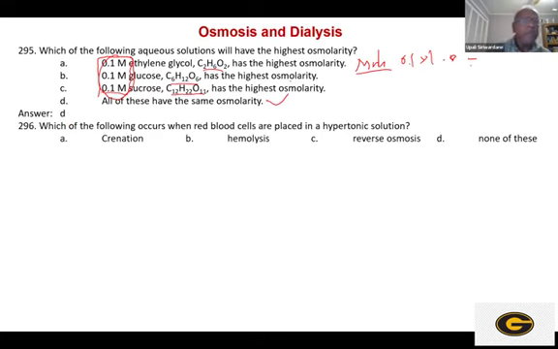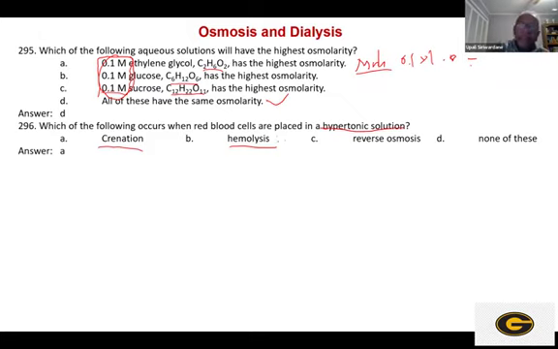Which of the following occurs when red blood cells are placed in hypertonic solution? Hypertonic means concentration higher. Therefore, water is drawn from the cell to the outside. When water passes to the outside, the cell becomes smaller. So A should be the answer.